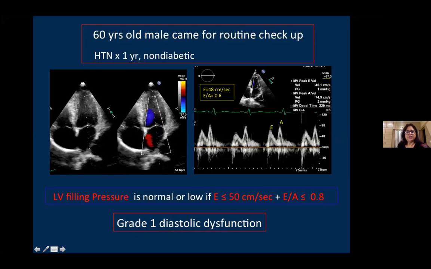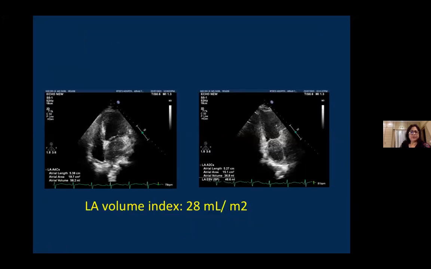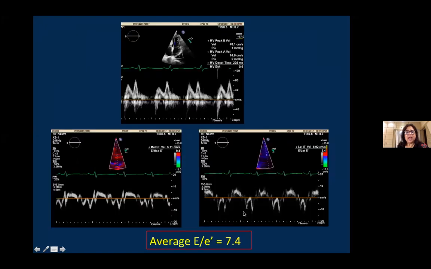Just to confirm that this patient is having grade 1 diastolic dysfunction, we also check the LA volume index, which is 28 ml per square meter, and average E by E prime is only 7.4. So our grading will be grade 1 diastolic dysfunction.